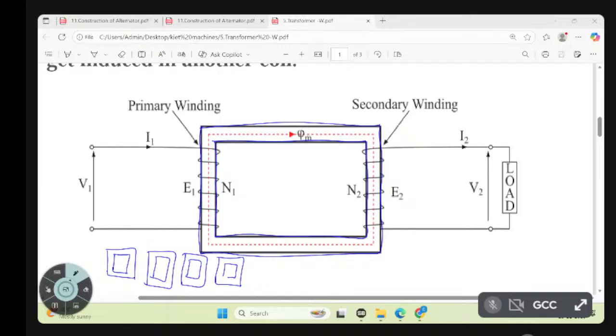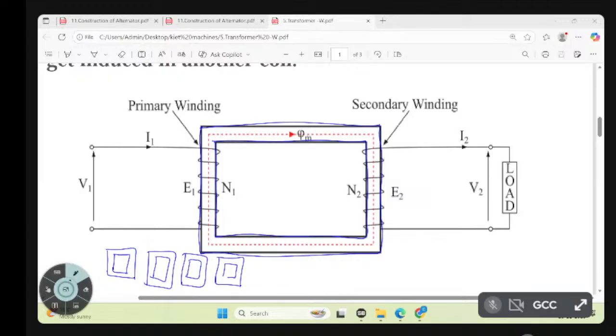What is meant by transformer, and how does it actually work? Transformer input is something, say 230 volts. Output may be 9 volts, it may be 1000 volts, it may be 1100. How are we getting that? Is there any connection between the primary winding and the secondary winding?